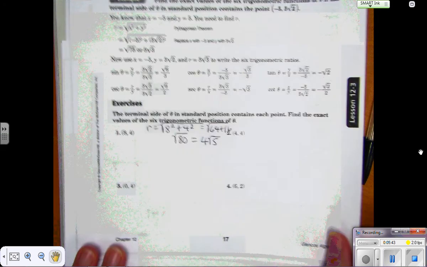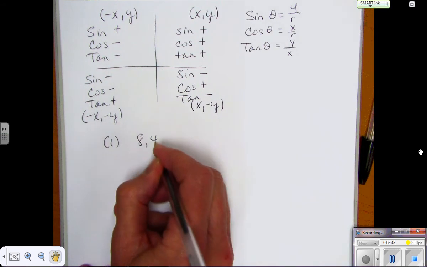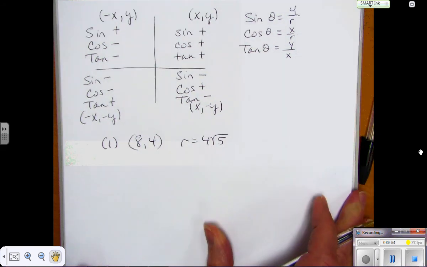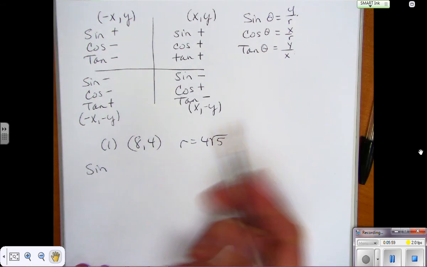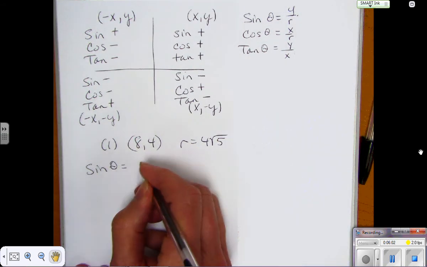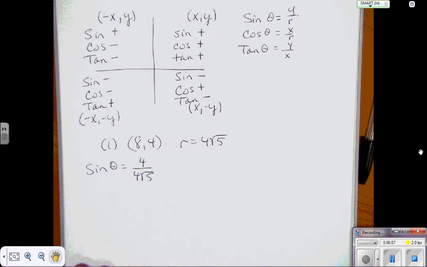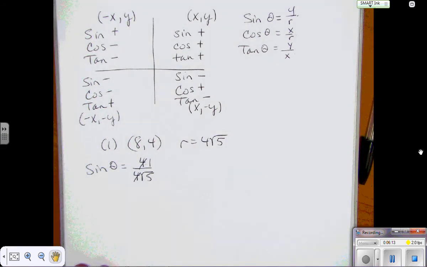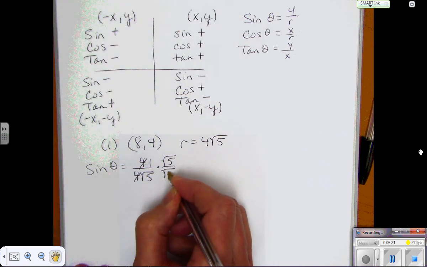I'm going to move this to where I have a little bit of room. My sine ratio is y over r. Sine of theta is y over r. Then you want to reduce. You need to simplify, so these 4's reduce out, and you're going to have 1 over radical 5. Then you need to rationalize it. You can't leave that radical in the denominator, so multiply top and bottom by the square root of 5.